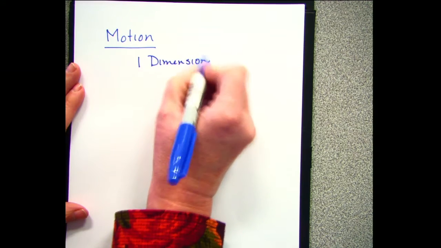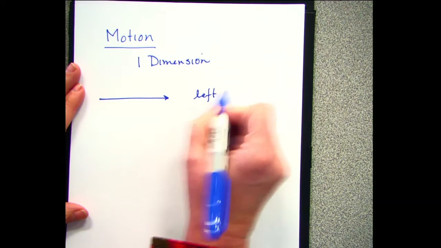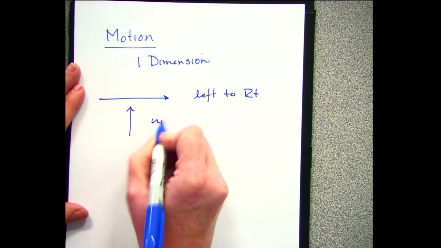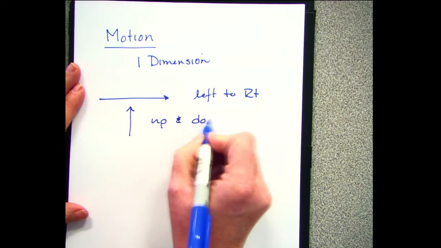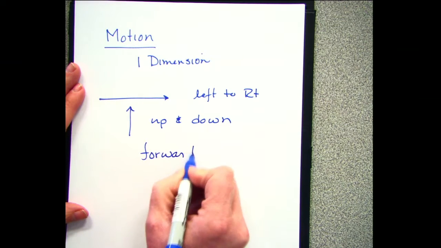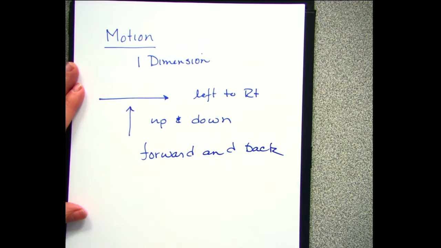And when we look at one dimension, I can be doing left to right. I can be doing up and down. I can be doing forward and backwards. But the key is I'm just in one dimension.